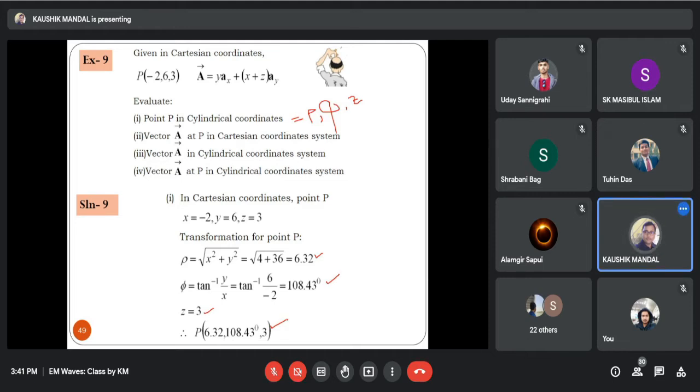Next, come to the second: vector A at point P in the Cartesian coordinate system. Now you have to consider Cartesian, so there is no need for transformation. Just write down the vector A at point P in the Cartesian coordinate system.